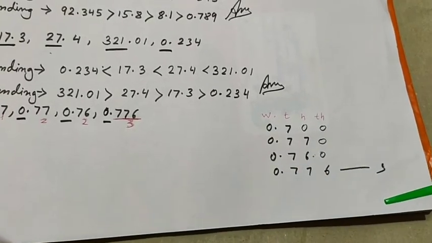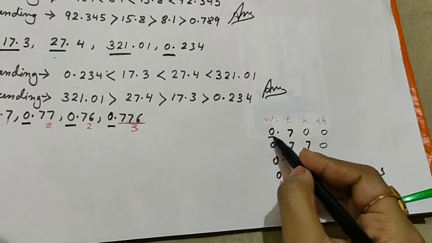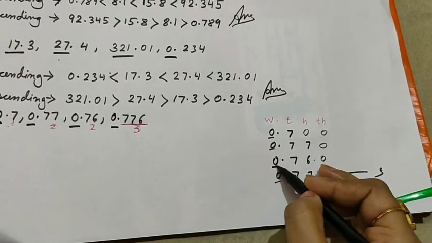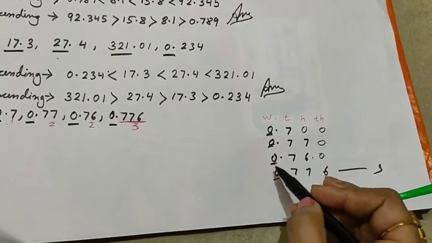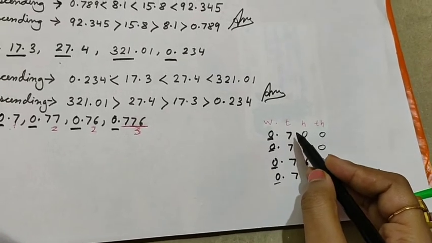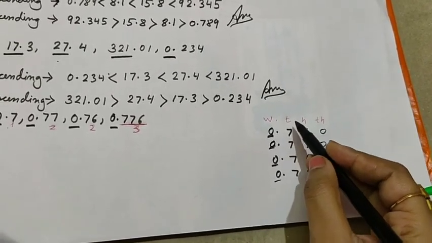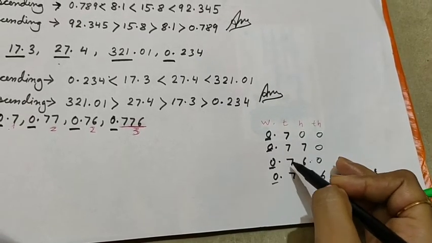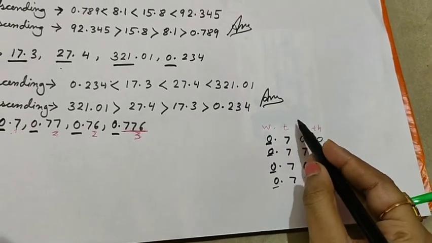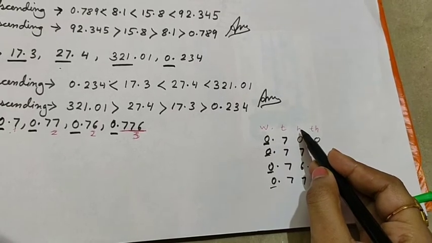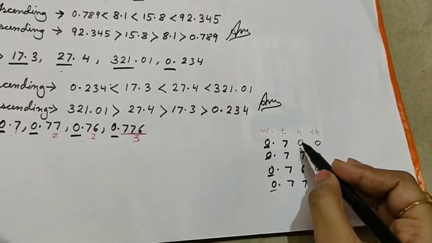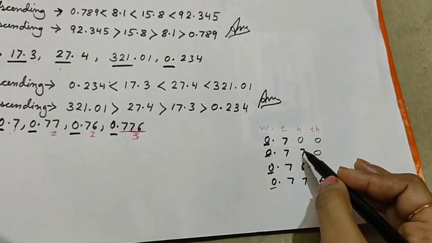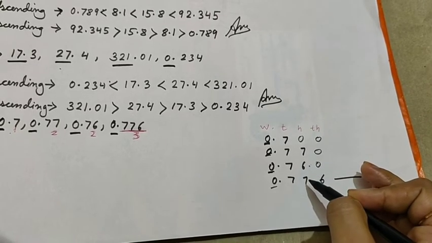Now let us compare. Here all the whole numbers are 0. So what we will do, we will compare the tenths part. Now in the tenth digits, all the digits are 7. It means all are same. So now we will move on to the hundredths digits. Now in the hundredths digit, it is 0, it is 7, it is 6, it is 7.